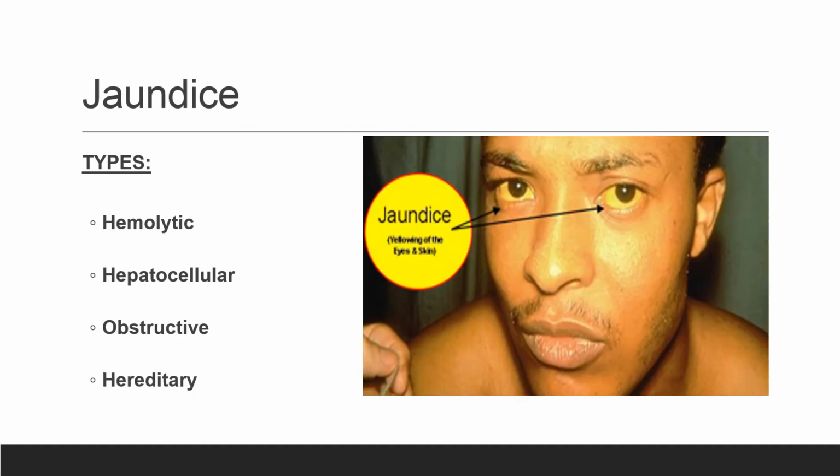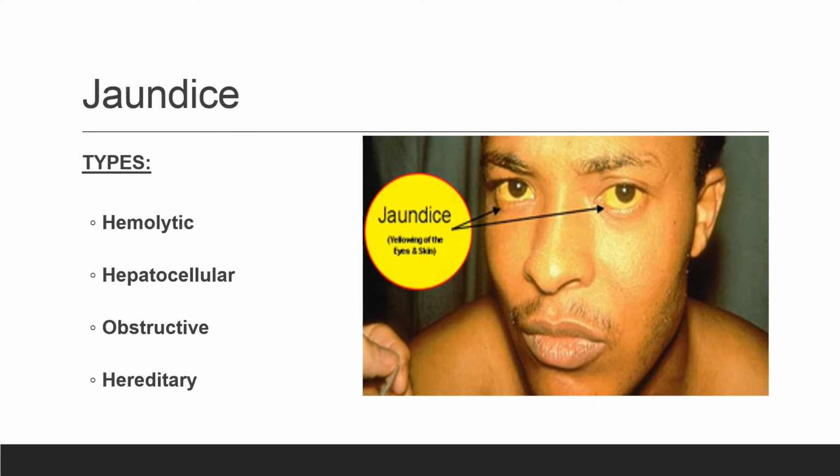So up until this point in your nursing career, you probably were only asked to identify jaundice, as in the person's sclera is yellow, or their skin or their nail beds are yellow, and you just say they're jaundiced. But I want to go into a little more detail about jaundice. There are multiple types. The first type is hemolytic. And generally, these types are based on the etiology or the cause for the jaundice.